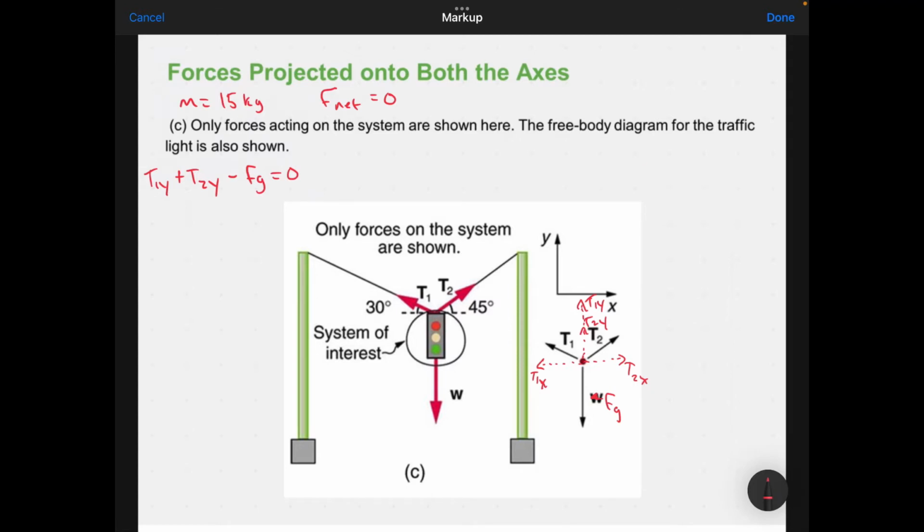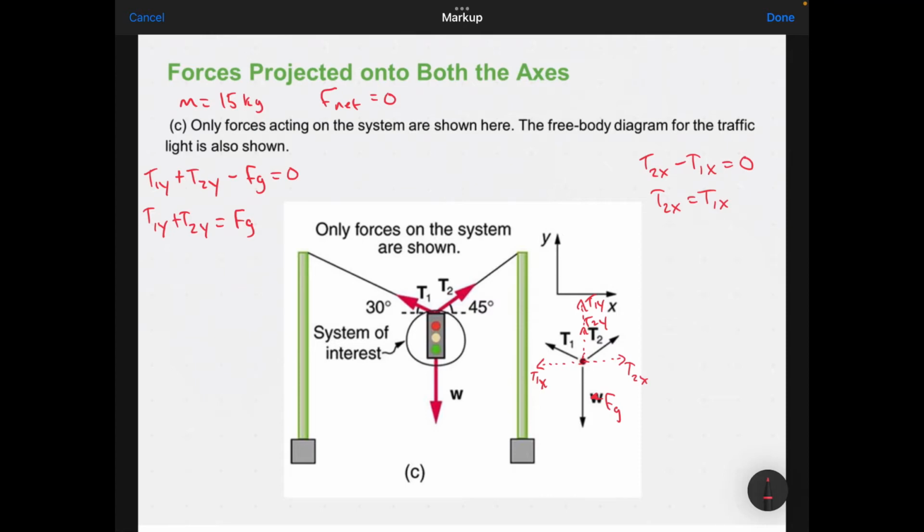And on the other side, T2X minus T1X equals 0 because they balance out. So manipulating the left side, T1Y plus T2Y is equal to FG, the weight. On the other side, T2X equals T1X. They're the same, which is going to benefit us because we can now come up with some formula there that we can then plug into the other side to help us out.